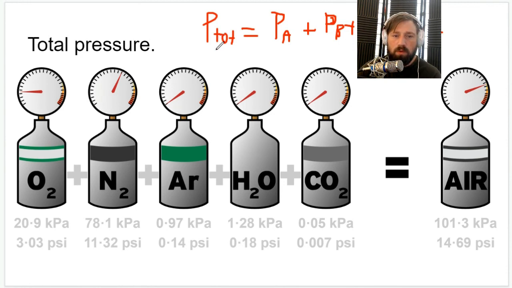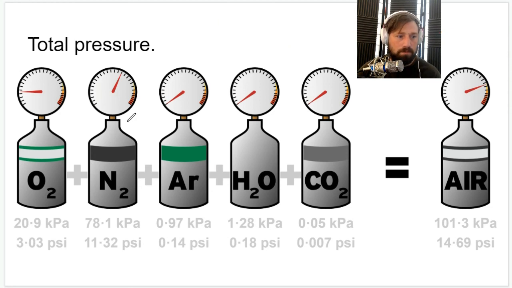If you know the total pressure and you know the pressure of A and B, it would be pretty easy to figure out what the pressure for C is. If I say 100 equals 13 plus 56 and something else, what is that something else? At that point, it's just basic algebra.